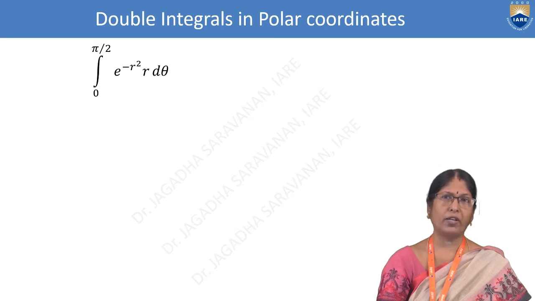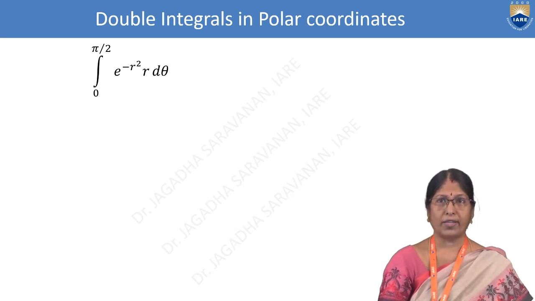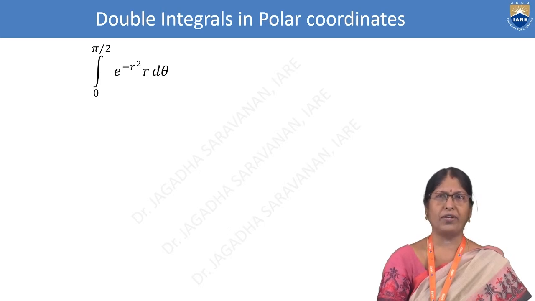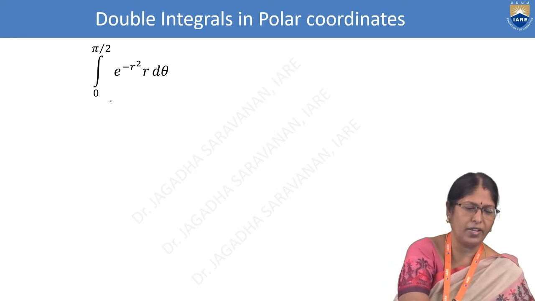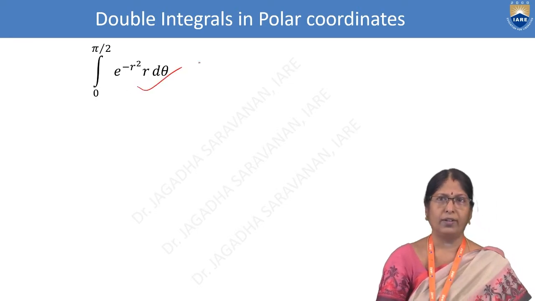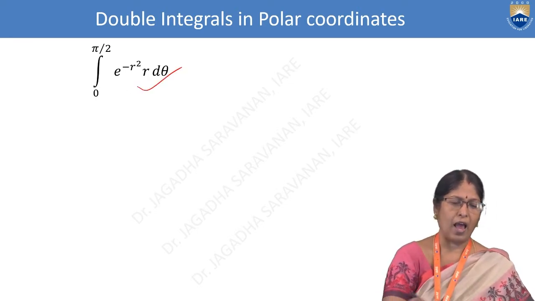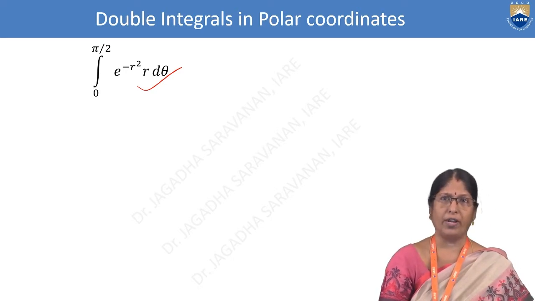Even though the question is a double integral, to avoid confusion we are treating it as a single integral. So only the interior one we have written. The idea is that after solving this, we will substitute it in the particular place.